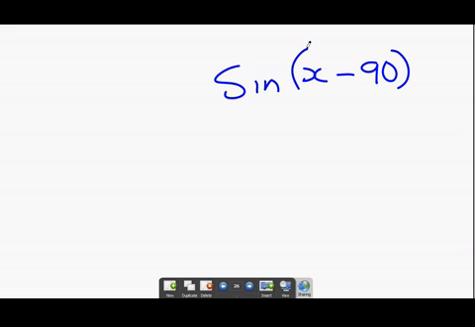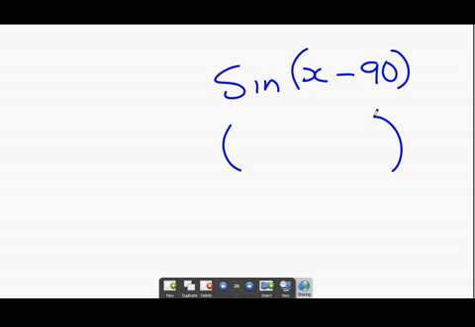Do you notice how we start with x there? Some people can get confused because they're used to starting with 90 or the 270 or the 180. So in this case, I'm going to press my calculator. I know there's a 90 involved.